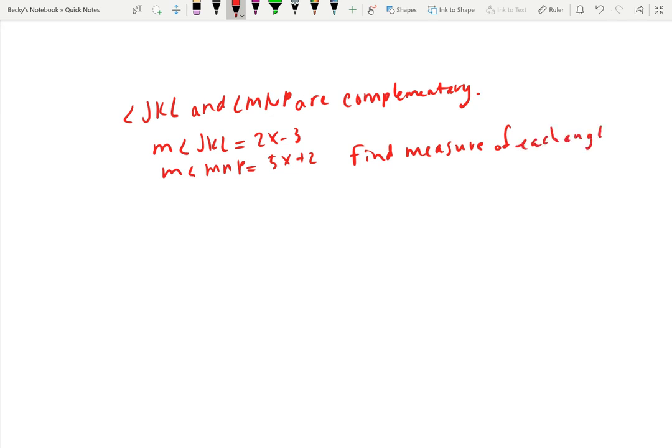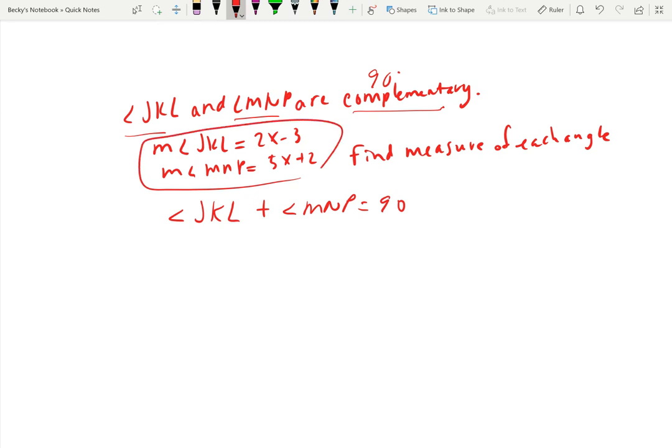Okay, so we have to kind of decode this a little bit, and we're going to write an algebra equation. So this angle plus this angle is complementary. Now we need to know how many degrees this is. Complementary means equals 90. So we're literally taking the first angle, and we're going to add the second angle, and we're going to set it equal to 90. Now we have values. Right in here, they give you values to substitute.